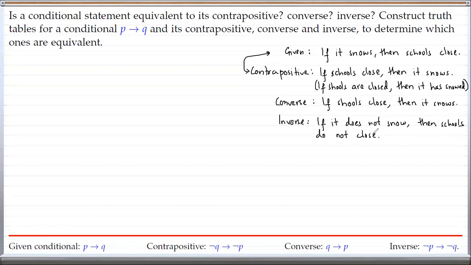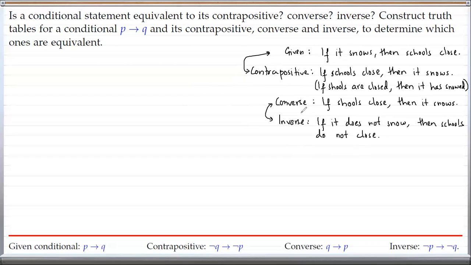Okay, this is the inverse of the given statement. Again, the given statement does not say anything about what would happen if it does not snow. It only says what happens if it snows. So this is also not equivalent to the given statement. But you might have noticed that these two are equivalent. Inverse and converse are equivalent.